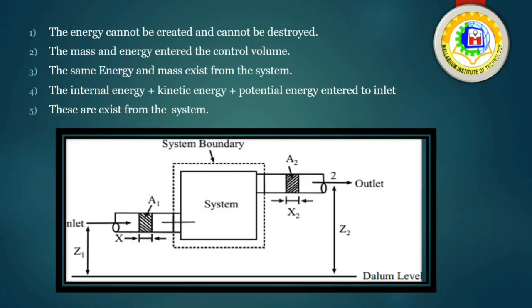The system is considered as a control volume system, with one inlet and one outlet, where energy with mass enters the system and then exits from the system. During this, something is stored in the system.